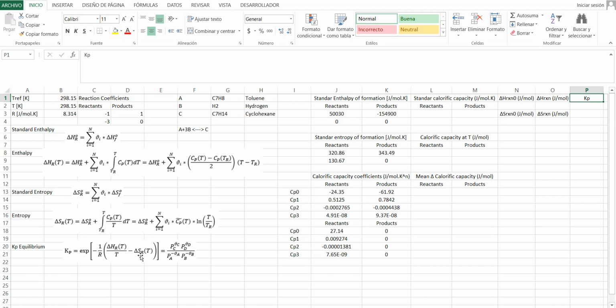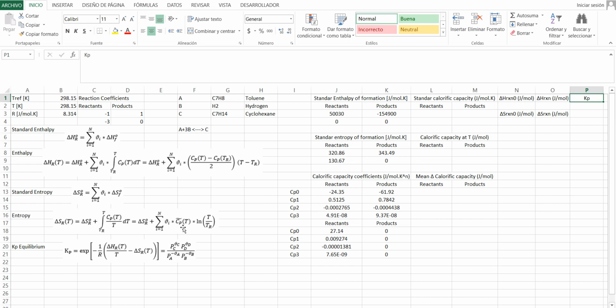So to calculate the change of enthalpy, we need the standard enthalpy of formation and some CP values. And for the entropy, we also need the standard enthalpy of formation and also CP values.